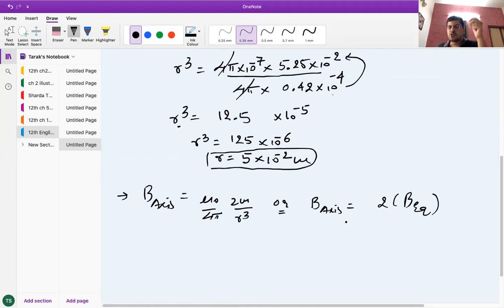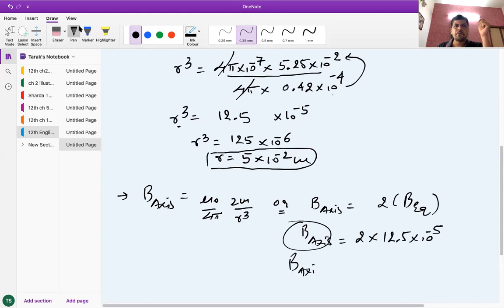We have already found everything. So B of axis equals twice into 12.5 × 10^-5. For B of axis, let us call the distance r.